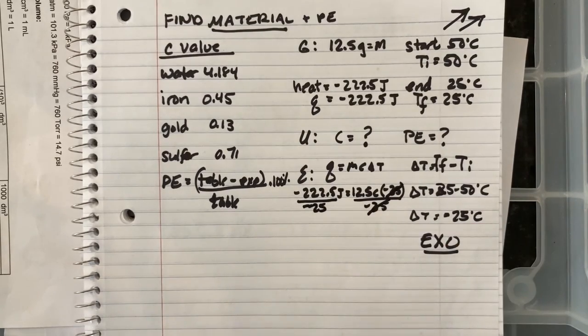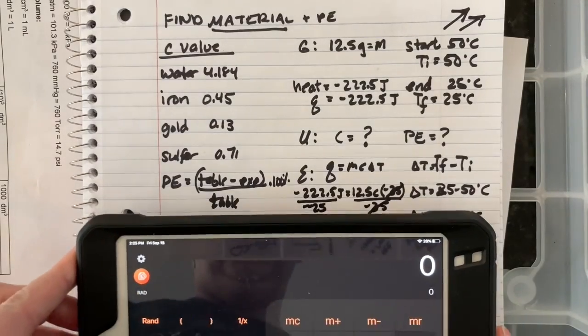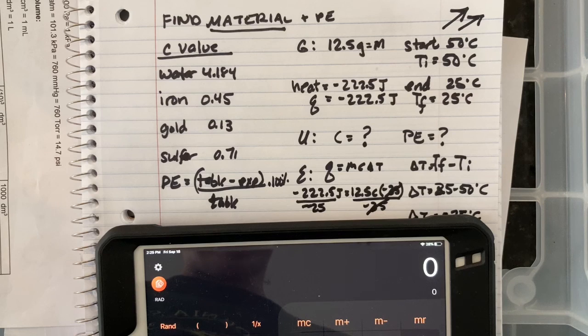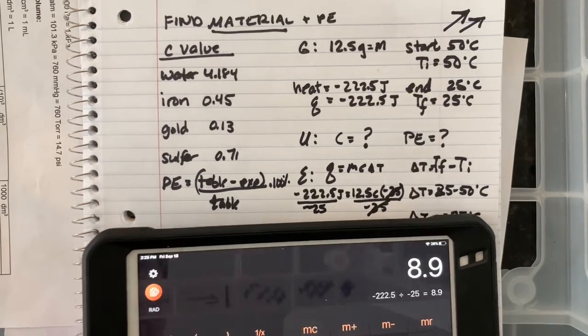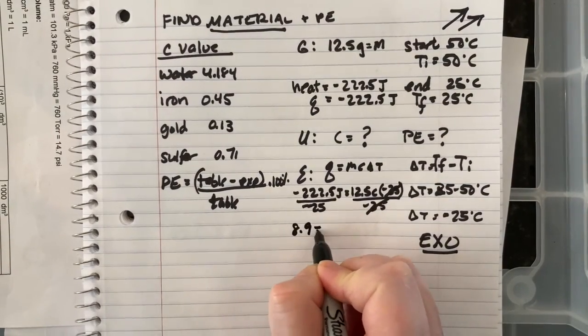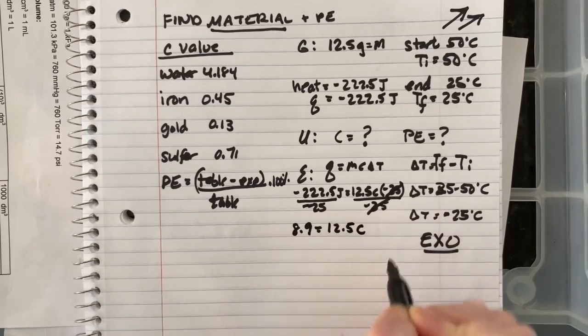Those terms on the right side cancel out because they weren't subtracting there. They were being divided by. So I need negative 222.5 divided by negative 25. Notice I didn't use the minus sign for any of that. And I got 8.9. So now it's 8.9 equals 12.5 C.